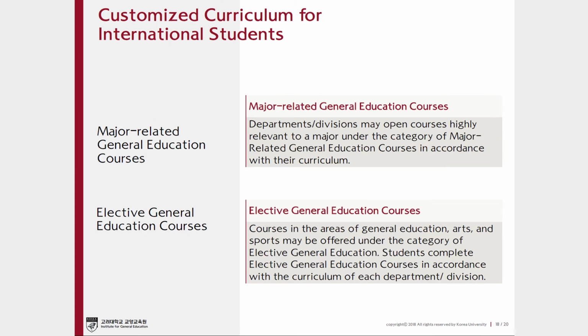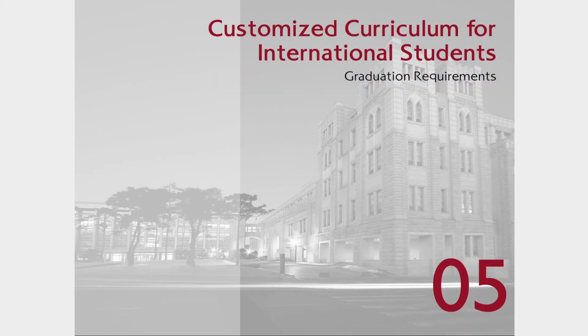And the requirements for major-related and elective general education courses also could differ by departments or divisions, so you must once again check the academic curriculum of your department or division. Next section is about the graduation requirements.